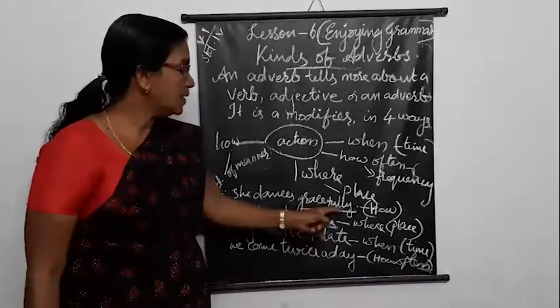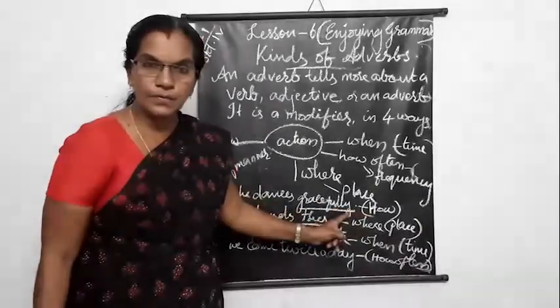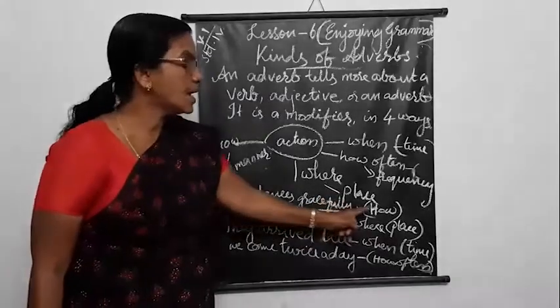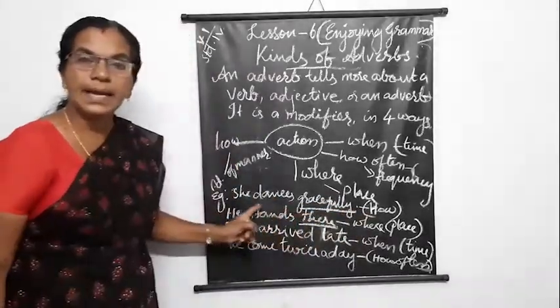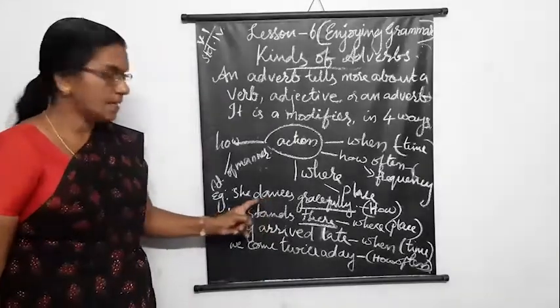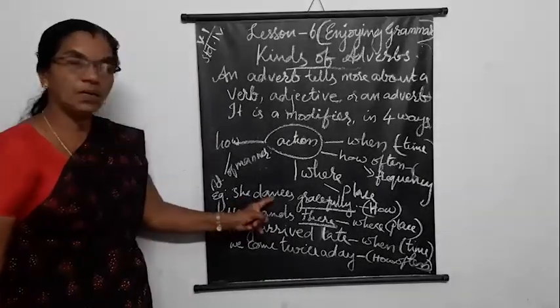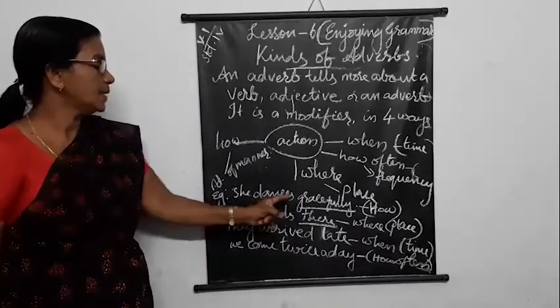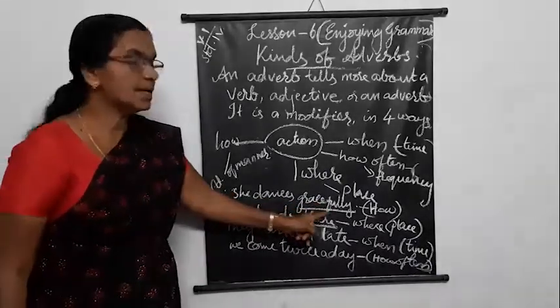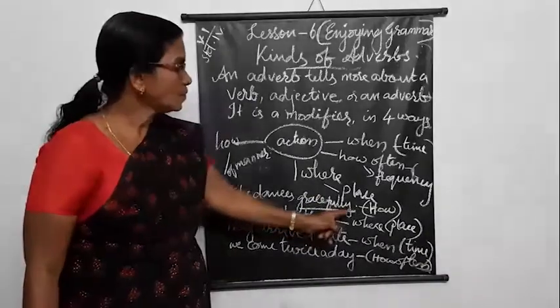So, the word gracefully is the adverb here. This word gracefully tells how the action happens. Here, the action is dances. Subject she, verb or action dances. How she dances? Gracefully. So, it is the adverb here.